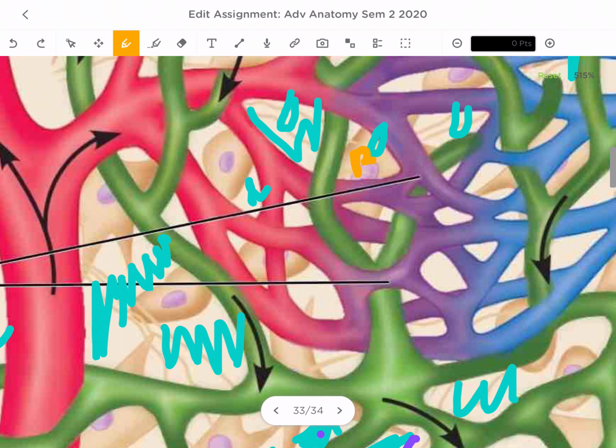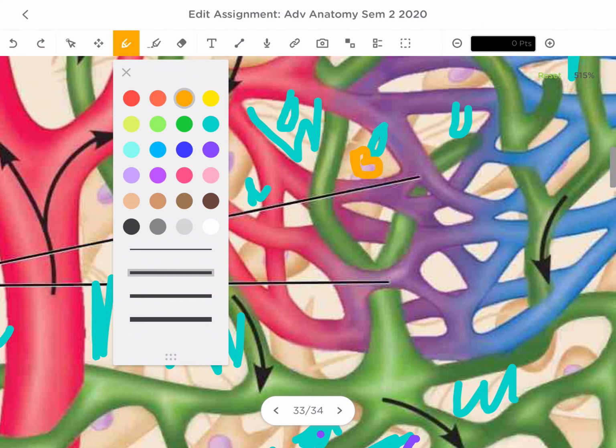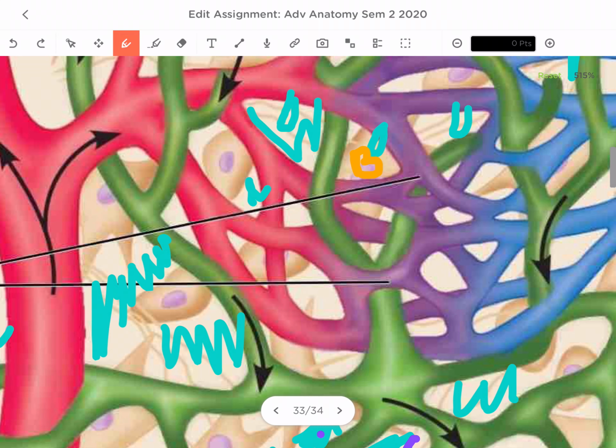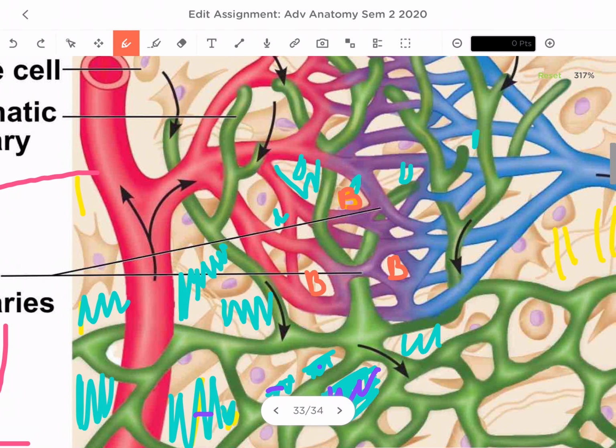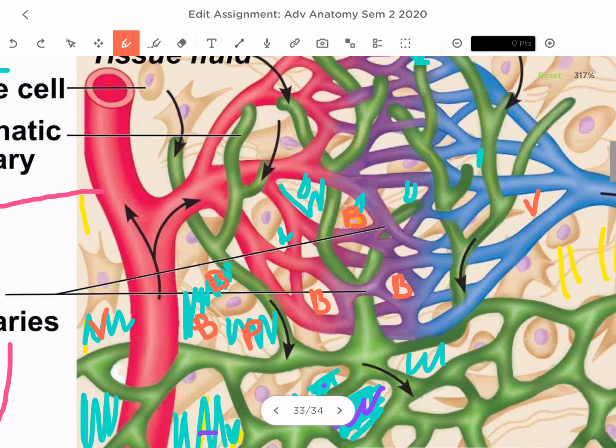Well, the other thing that happens is sometimes bacteria... that's not a good color. Let's use dark orange. Okay, sometimes bacteria leaks out too. I'm making them bees because they're bad. Sometimes bacteria leaks out too, and bacteria hangs out in this fluid. Or maybe some viruses are hanging out here.